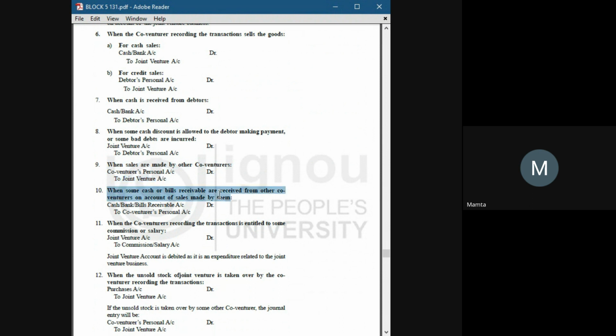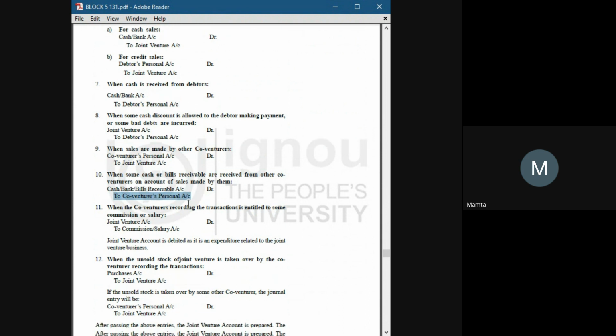When some cash or bills receivable are received from the co-venturers on account of sales made by them, cash account, bank account or bills receivable account debit, whatever we receive, to the co-venturer's personal account.